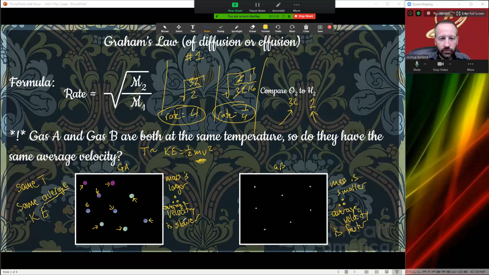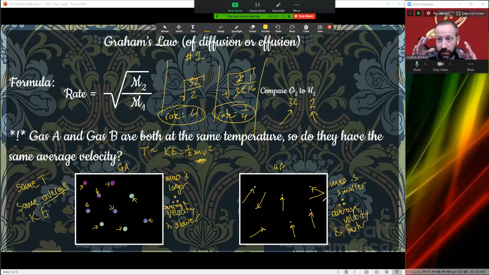And then faster would mean larger arrows of movement. So we're saying in the same time, this one has moved this distance and these have moved this distance. So this is particulate diagrams. And that one bouncing off the wall, I just felt like doing that.